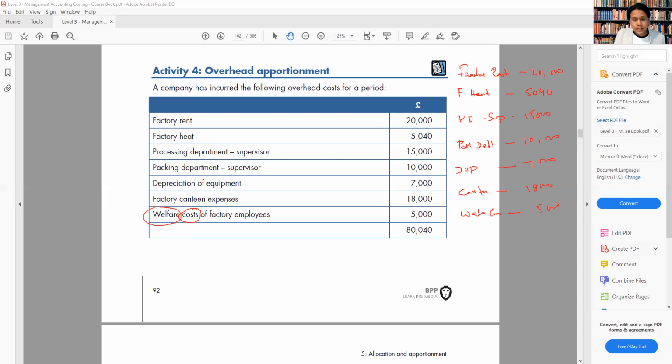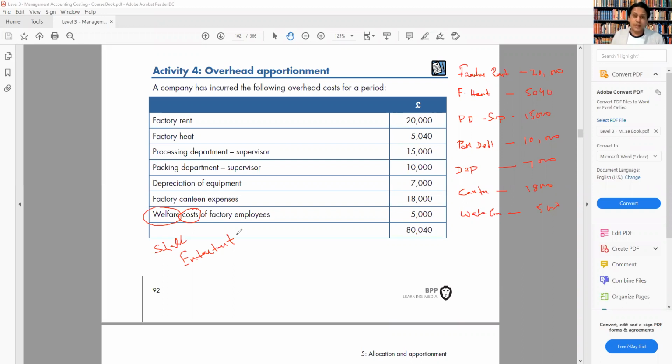Now, if for any reason, by mistake, you change the word from welfare to staff entertainment, then it is not an allowable expense. So when you choose that category, when you do your bank analysis, for example, when you work for a company as a bookkeeper, when you categorize the cost, be careful.